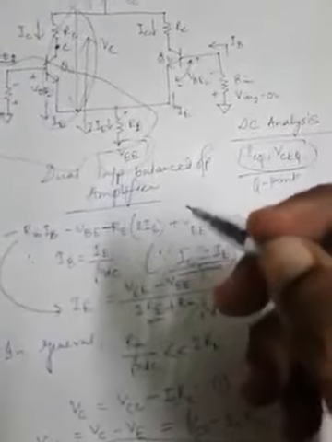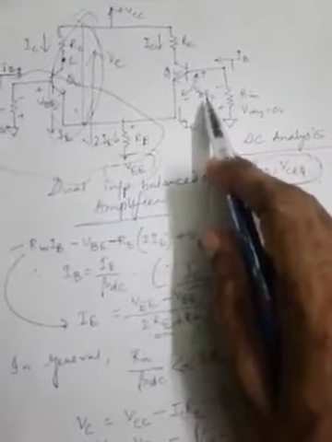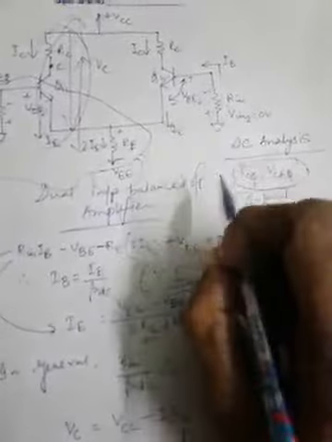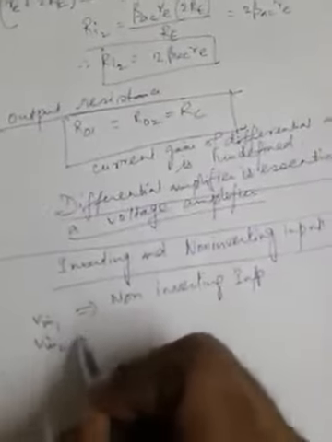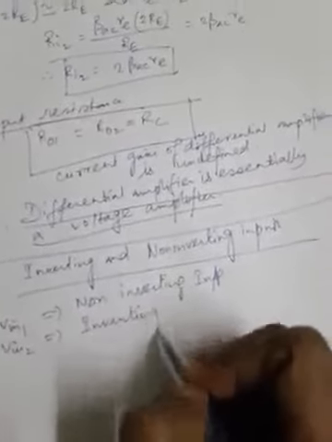Similarly, the positive voltage V in 2 at the input terminal of the other BJT Q2, if it is acting alone, it will be producing a negative output voltage, and hence V in 2 should be called inverting input, if at that time V in 1 is made equal to 0.